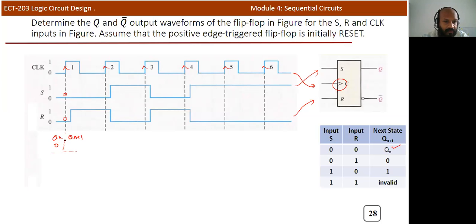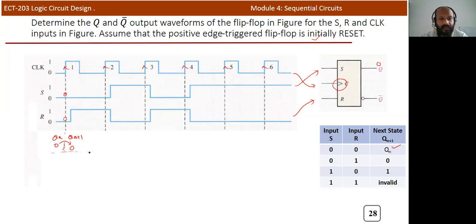Qn plus 1 means after applying the clock. Before applying the clock, Qn is 0 because it is given that the positive edge flip-flop is initially reset, meaning the initial value of Q is equal to 0. After applying this clock pulse, SR inputs are 0 0, so Qn plus 1 is exactly the same as Qn. So you'll get 0 here.